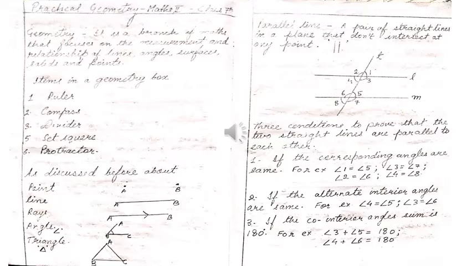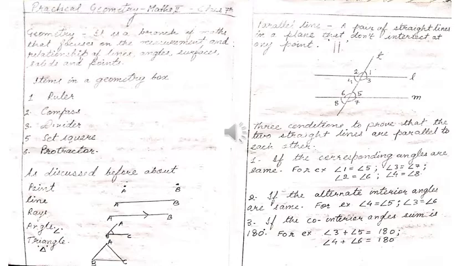The set squares. They look like a triangle in shape. They come in a pair. The smaller one is an isosceles triangle, and the bigger one is a scalene triangle, and they both have a right angle.